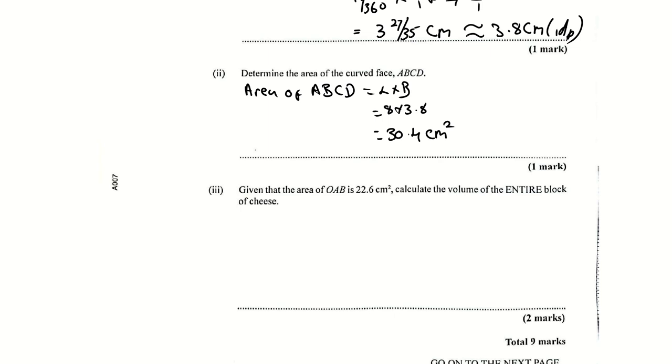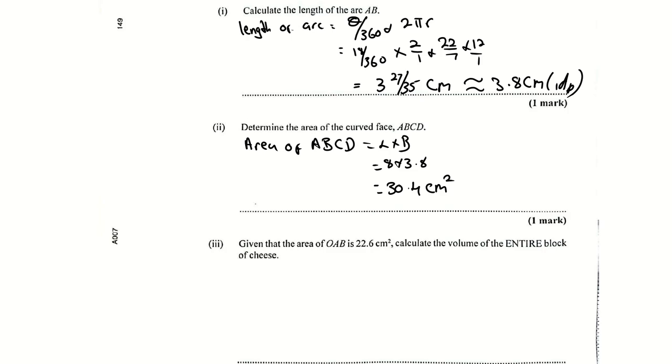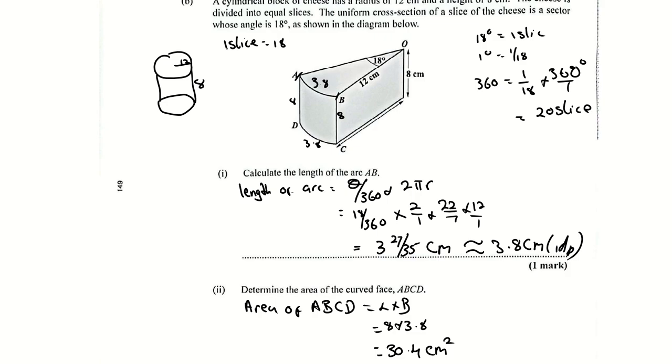Yeah? Now, given that the area of, hold on, let's look to see what is OAB. OAB, so they told you the area of this, the top here. The area here, OAB, that's this region, that's the top region, not the height or anything.